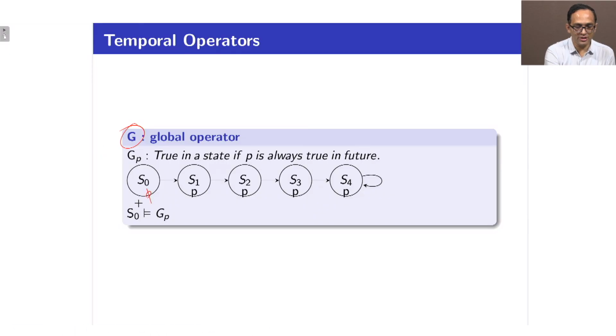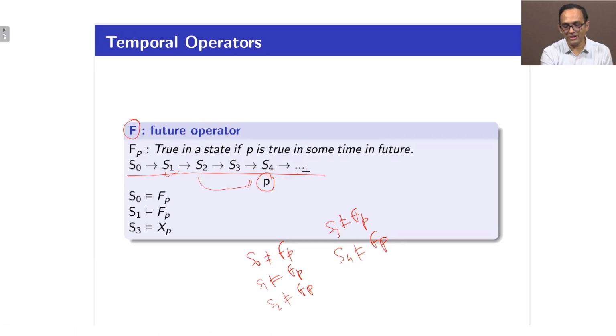Then you have global, which means it is true everywhere. I am taking a path or execution sequence and p is true everywhere. So, p is true in S0, p is true in S1, S2, S3, and S4. You see in previous cases I just put dots, which means an infinite sequence. I do not know what is happening after that.